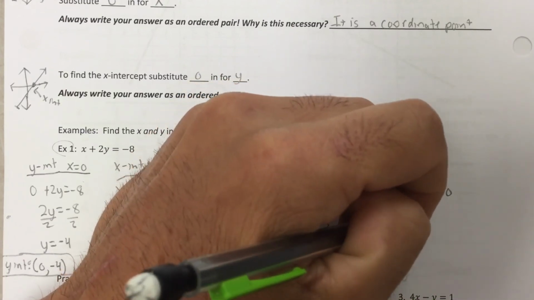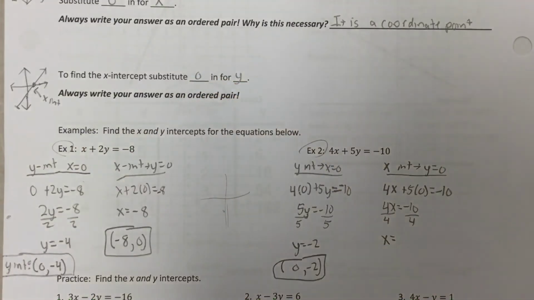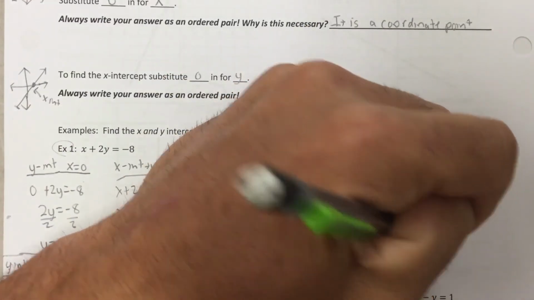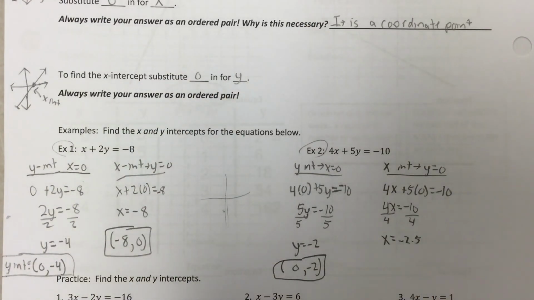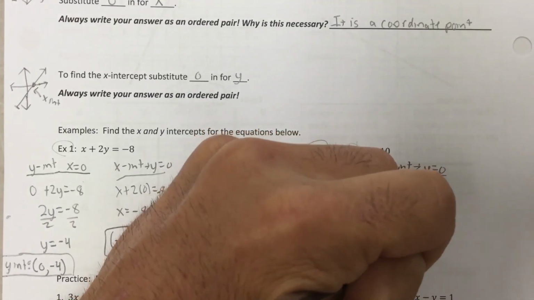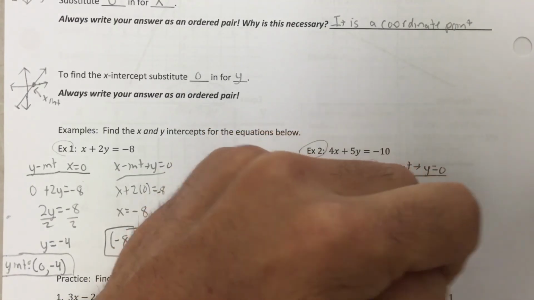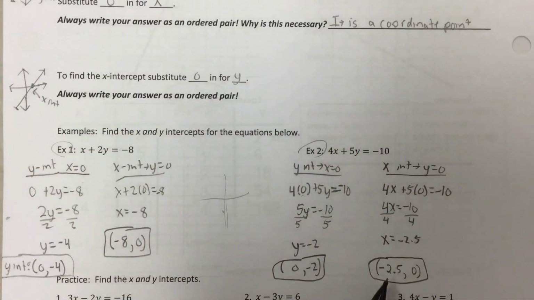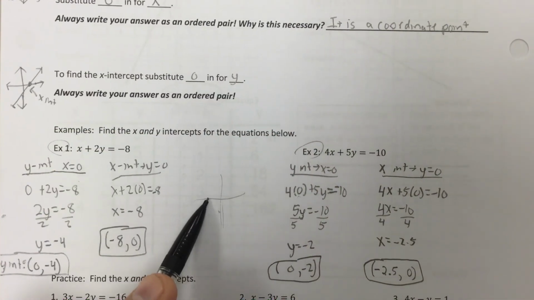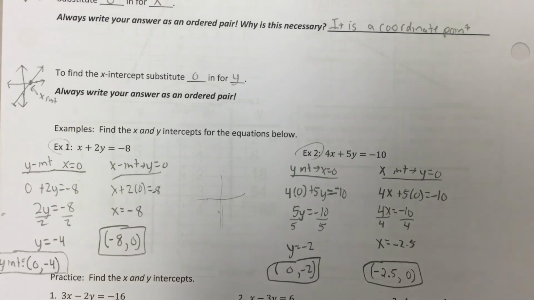Divide by 4, and I end up with x equals -10 over 4, which is -2.5. And so, again, write that as an ordered pair, (-2.5, 0). And again, if you remember, -2.5 would be here, and 0, that is where it crosses the x-axis.